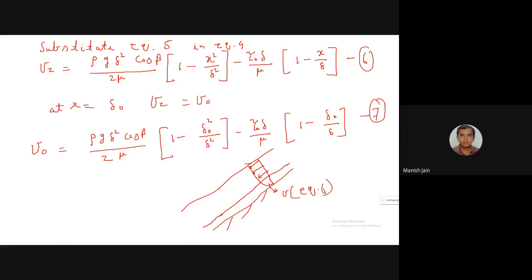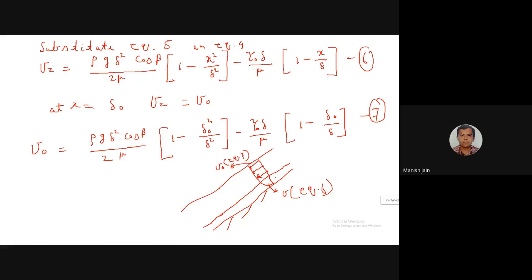Here all the quantities are constant, so V naught is a constant. V is variable because it depends upon x. Okay, so this is the Bingham fluid model.